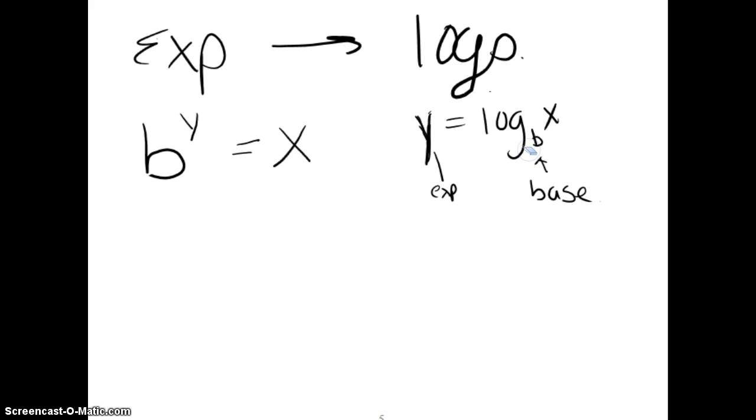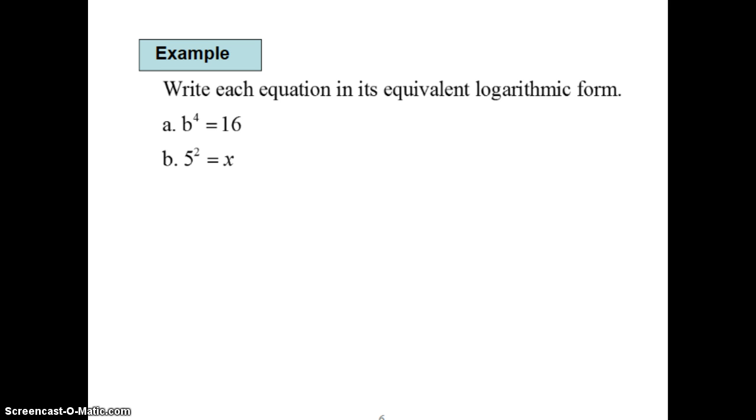Using this, I can convert others into logs. So let's look at some examples. b to the 4 equals 16. Okay, I know that b is my base.